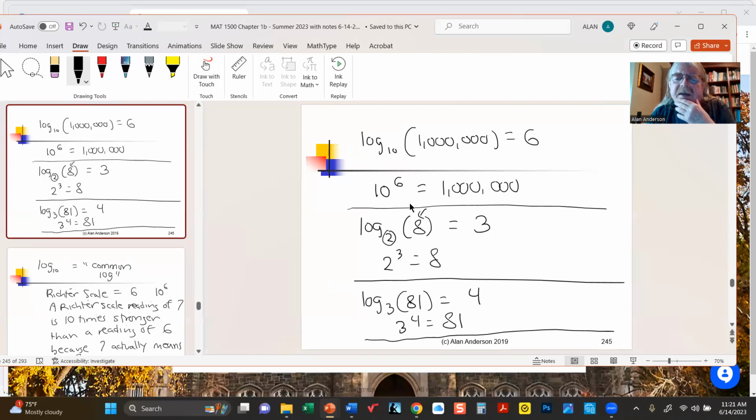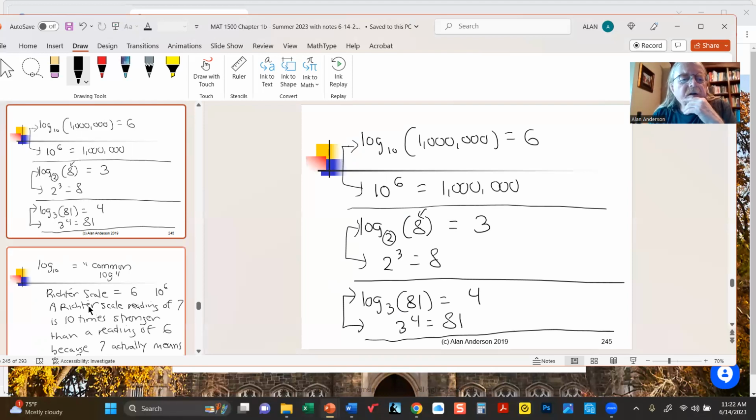So again, the way to think about this is when you take log base 2, you're asking what exponent of 2 gives us 8, and that in this case is a 3. And then similarly down here with log base 3 of 81, this is equal to 4, and that's because 3 to the 4th power equals 81. So these two statements basically mean the same thing. In other words, one implies the other, and vice versa.